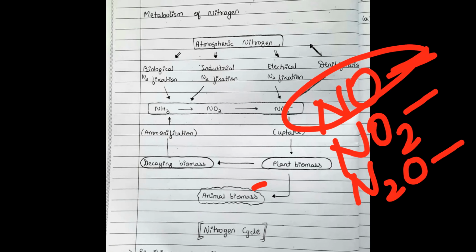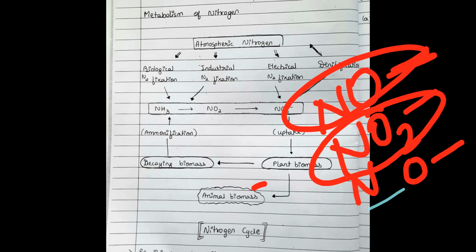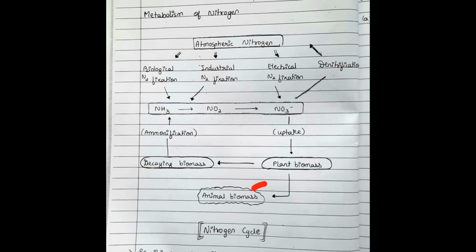Nitrogen oxide, nitrogen dioxide, dinitrogen oxide. These three nitrogen oxides can be formed by radiations, electrical nitrogen fixation.